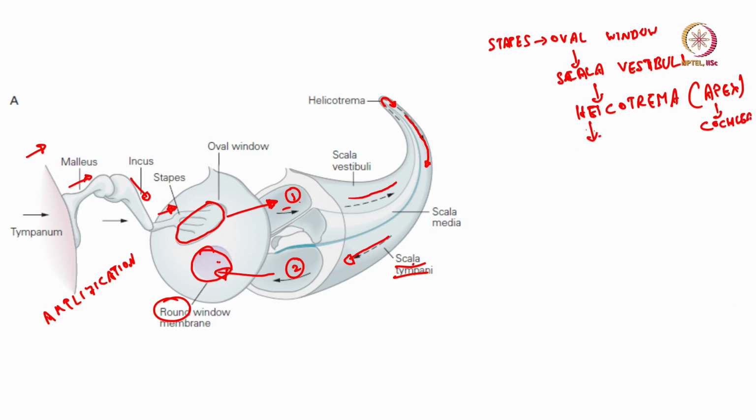From there it is actually a continuous cavity, and that is what is important to be remembered. Then the Scala tympani, and finally it gets dissipated into the round window. So, that is the pathway.